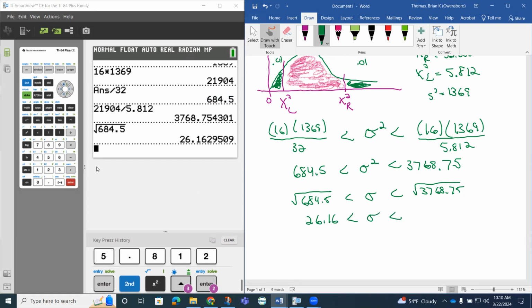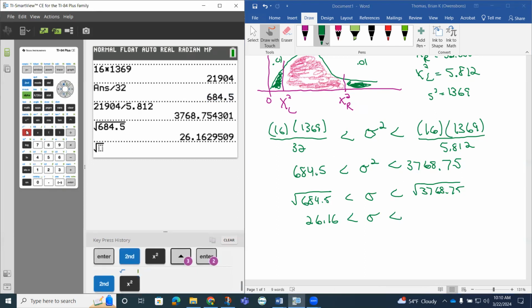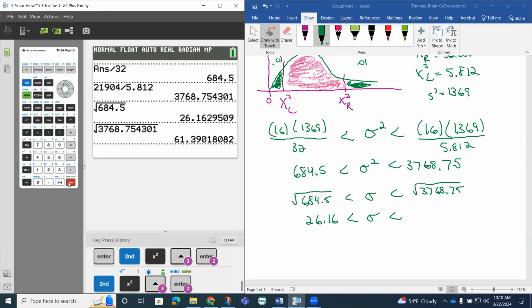And then again, I'm going to take the square root, copy that number in, and paste it in there. It gives me my other side of my confidence interval, 61.39. So that's the confidence interval for my standard deviation. So this would be my confidence interval for my population variance, and this would be my confidence interval for my population standard deviation.